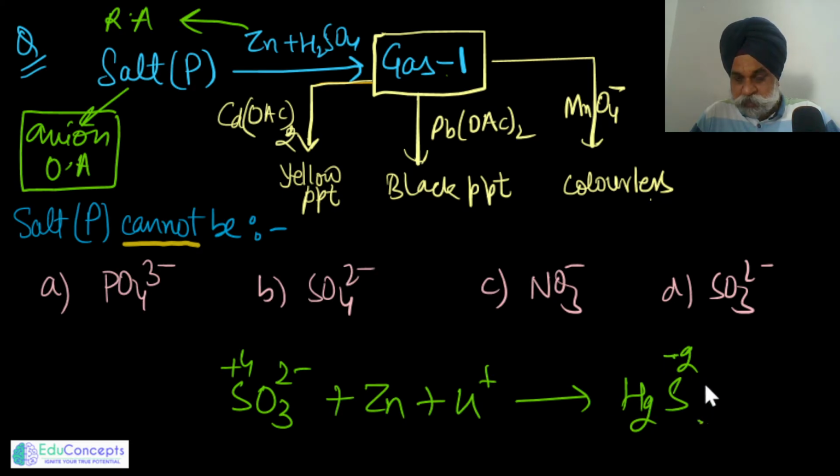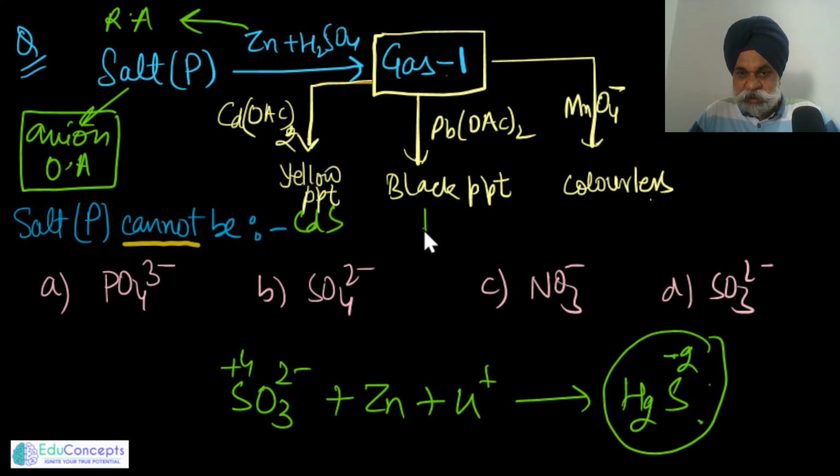And this gas can give a yellow PPT with cadmium sulfite and a black PPT with lead sulfate, and when H2S is treated as a reducing agent with KMnO4, the purple color turns to Mn2+, which is colorless or light pink. So this is what we have to think about. The point here is, they are asking which salt P cannot be.